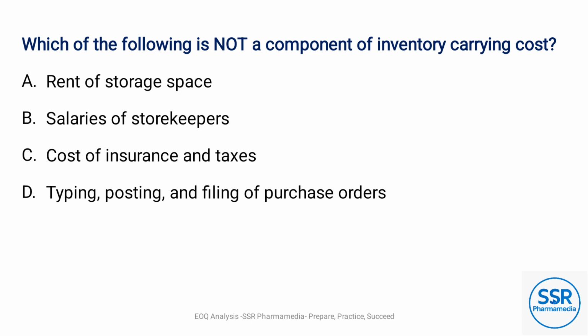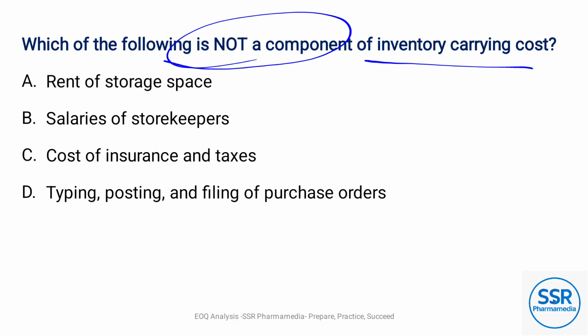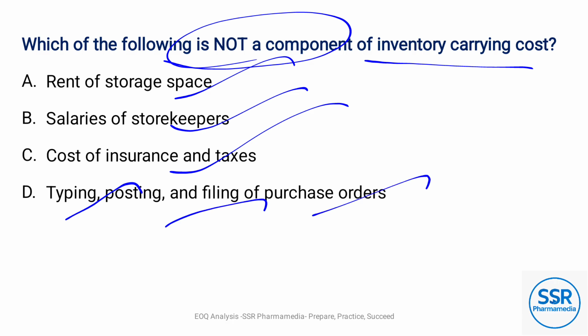So next question: which of the following is not a component of inventory carrying cost? You have to read the question well. Option A, rent of storage space; salaries of storekeeper; cost of insurance and taxes; and the fourth one is typing, posting, filing, purchasing.